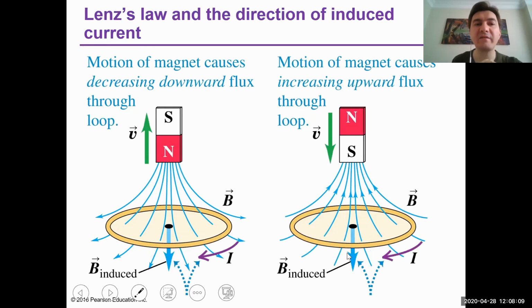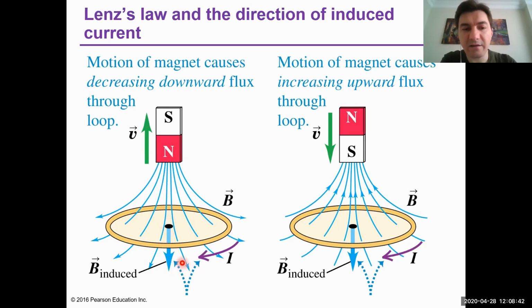So now let's have a look at the other two conditions. Again, here we have a magnet. This is the N pole, and we have a magnetic field in that direction and magnetic flux like this through that area. So if we move this magnet away from the loop, then the magnetic field will be decreased.